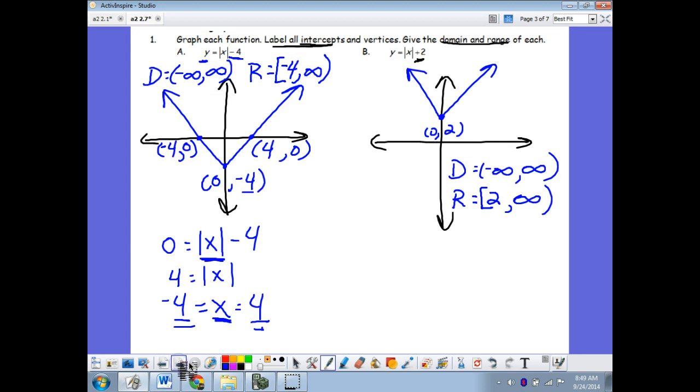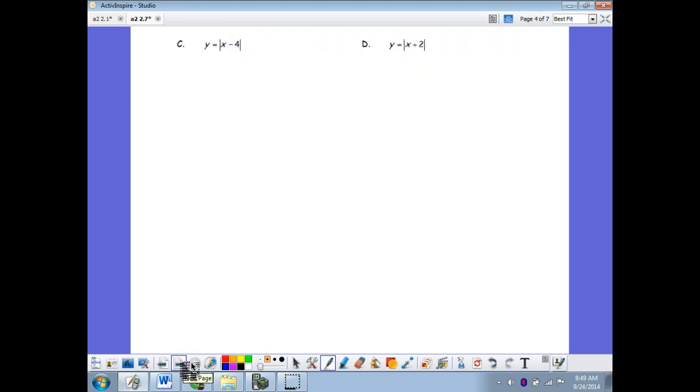So, fast forwarding to the horizontal translations, this one, since we're subtracting 4 on the inside with the x, that means the vertex, which is normally at the point 0, 0, is slid 4 units to the right. So that vertex becomes the point 4, 0.